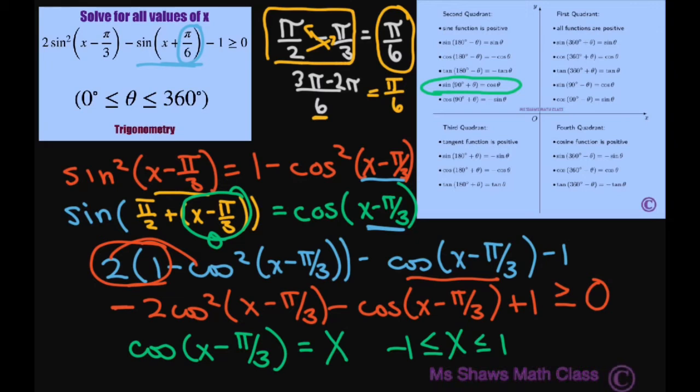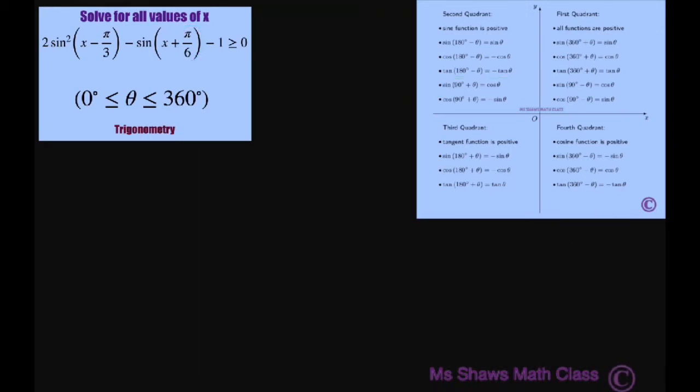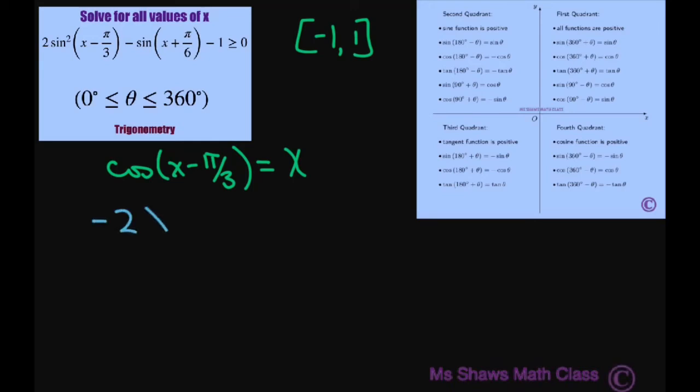Then I can write my inequality as negative 2X squared minus X plus 1 is greater than or equal to 0.